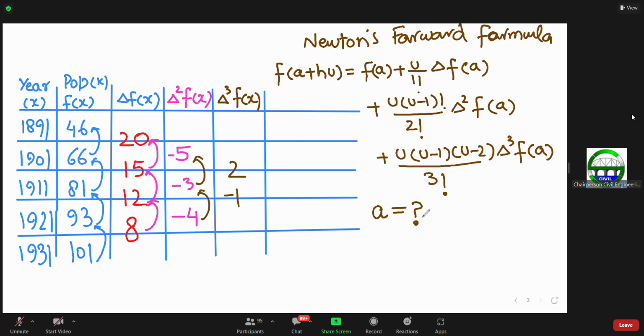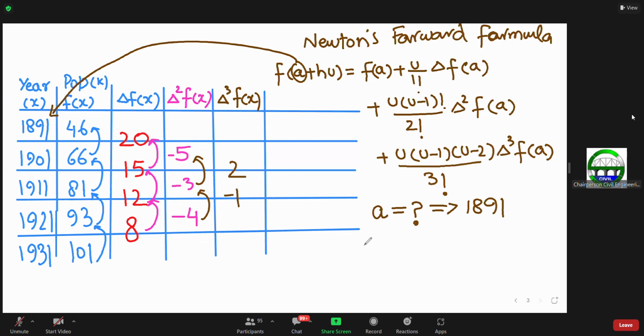Anyone? You can guess what is the value of a. Yes, 1891 is a. A is always your base, this is always the base.